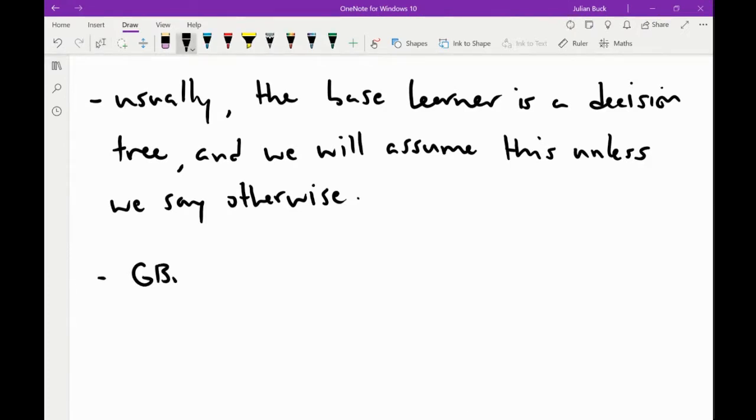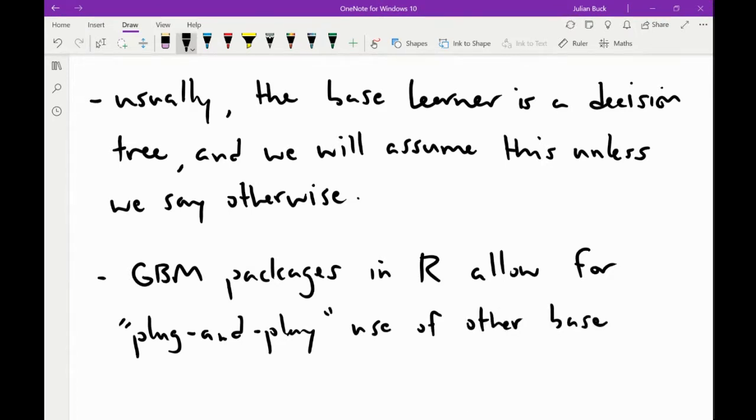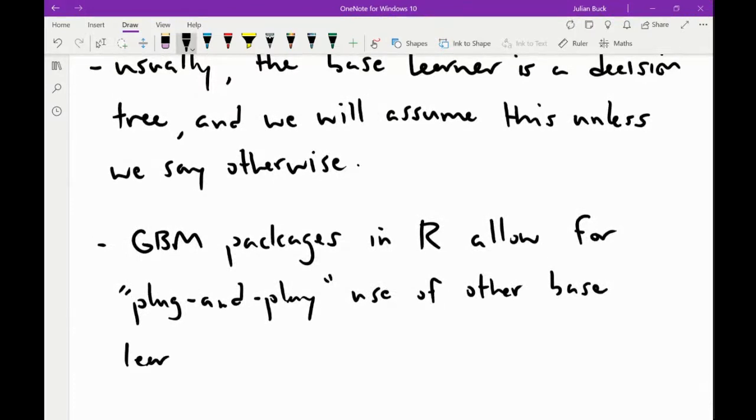We'll point out right now that GBM packages in R, at least some of them, allow for what you might call plug and play use of other base learners, such as ordinary linear regression, or least squares.